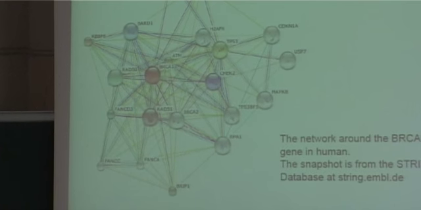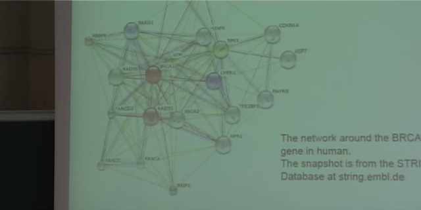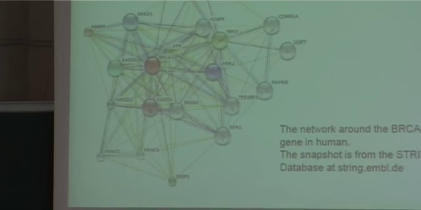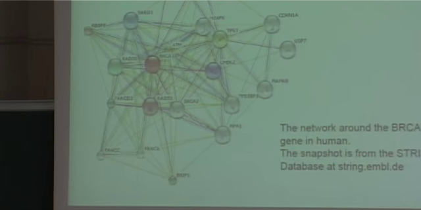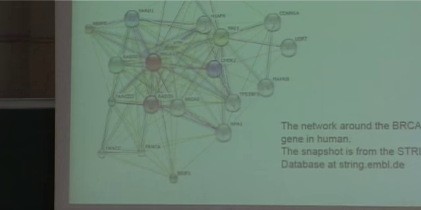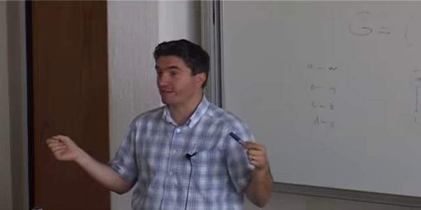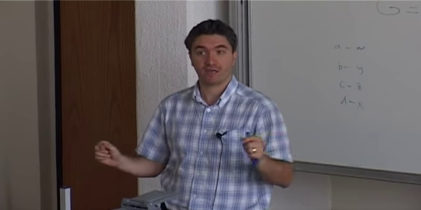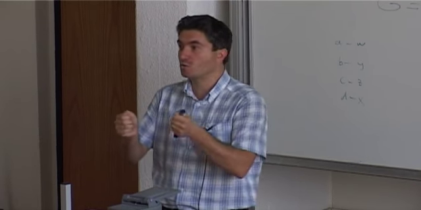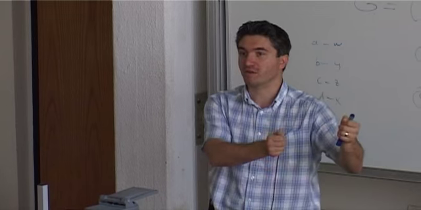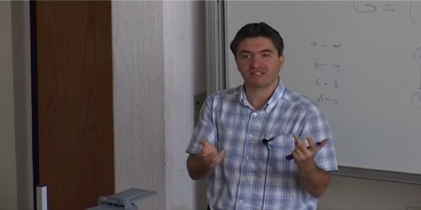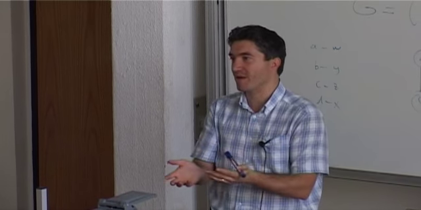So in this graph, the authors decided that there may be different evidence that indicates two proteins are associated, interacting with each other. For example, evidence from microarray data. If in the microarray data these two proteins show similar expression behavior, it may be evidence that they are associated in the same pathway.